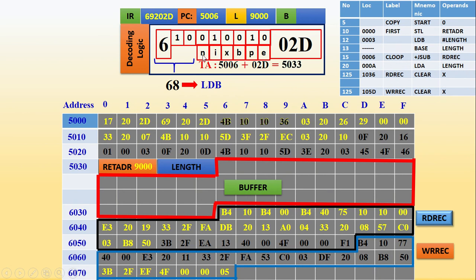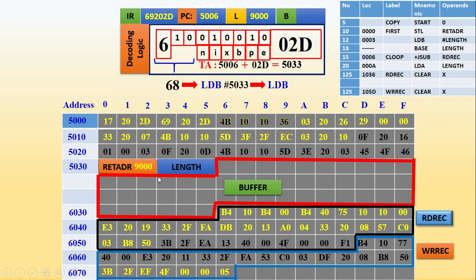Now the microprocessor knows that when n is 0 and I is 1, this portion represents immediate addressing. That is the reason before 5033 I put a hash, indicating immediate addressing. Now I write this LDB as it is. Now what is this 5033? 50, this is 5030, 31, 32, 33.